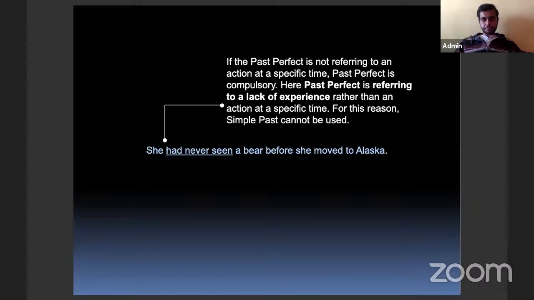Because here there is no action at a specified time. If there was an action at a specified time, you would have used simple past. But here it is referring to a lack of experience. So if the past perfect is not referring to an action at a specific time, then the past perfect is compulsory and you cannot use the simple past.